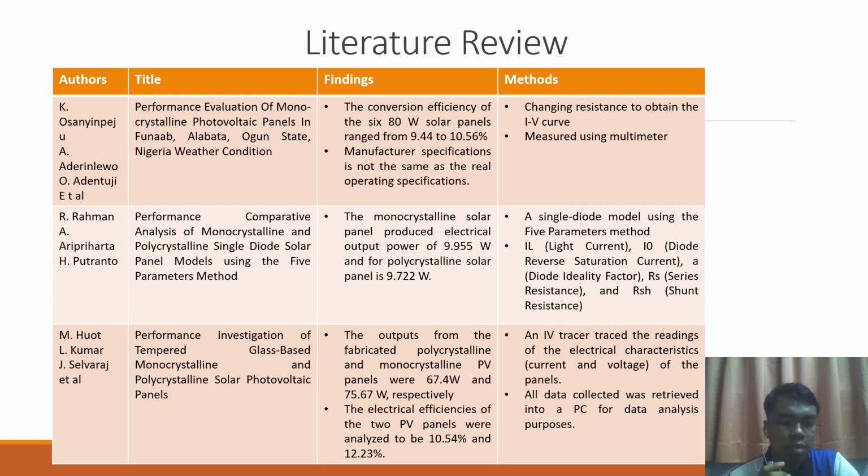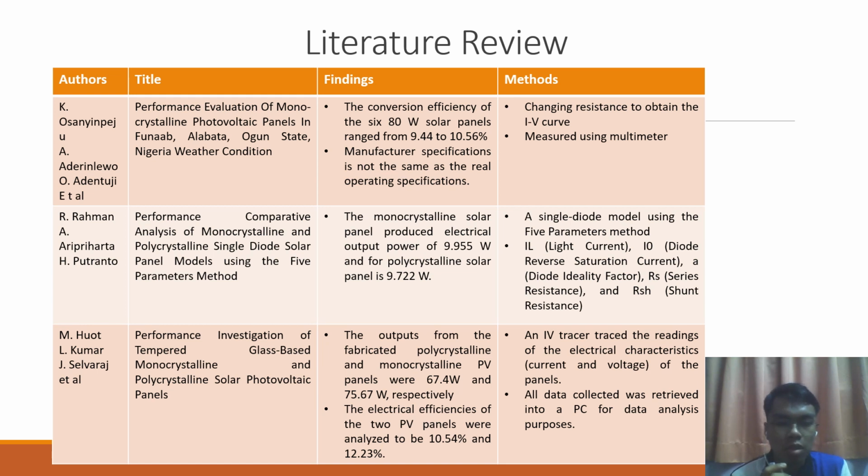The last paper also investigates the performance of the monocrystalline and polycrystalline solar panel, but on a glass base. The output from the fabricated polycrystalline was 67.4 watt, while the monocrystalline was 75.67 watt.